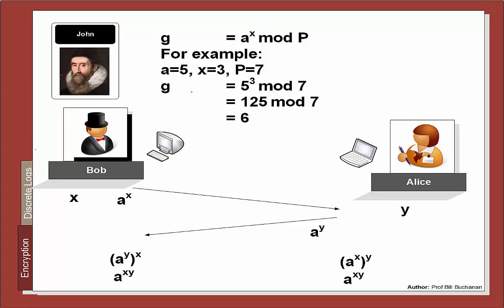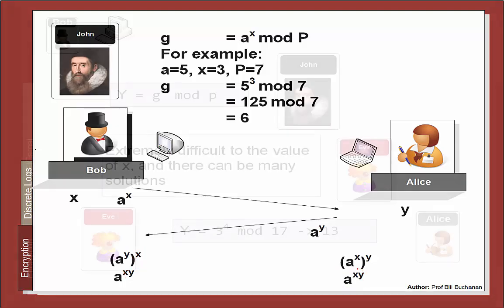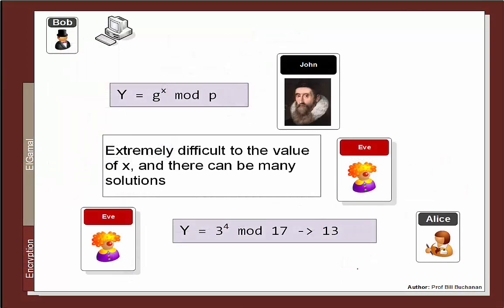And really, we're using the same principle as we saw before. A to the power of y with x actually becomes a to the power of xy, and it all works out, so they all work out with the same value. And really, the difficulty that we see, or the intruder sees, is that we bring in this mod p.